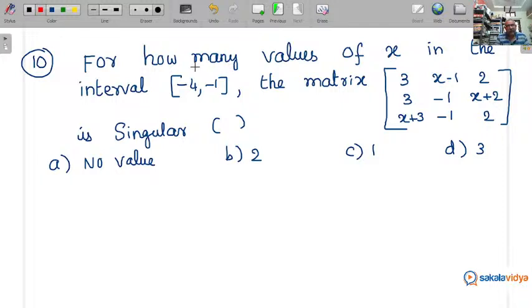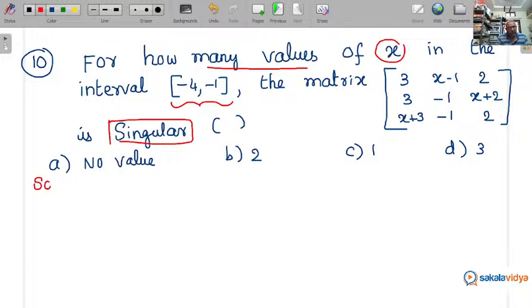So how many values of x? This interval is very important. This is singular. Singular means simply you can write determinant of 3, x, minus 1, 2, 3, minus 1, x plus 2, x plus 3, minus 1, 2 equals 0.